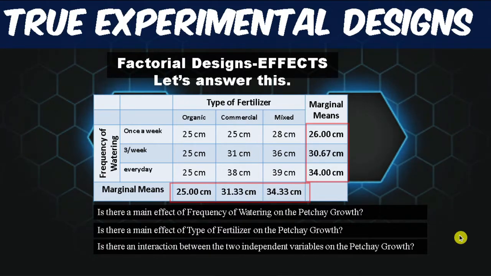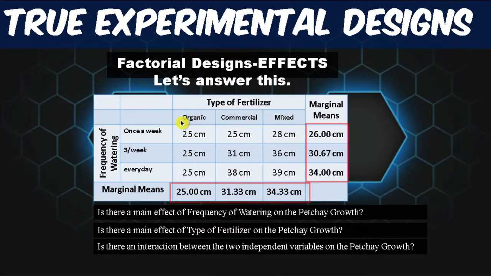Is there an interaction between the two independent variables on the pechay? Let's look at the individual cells. Under organic, the measurements here are the same. Under commercial, it's different. It's highest in this cell. So if you water it every day and you use a commercial fertilizer, it will give you the best yield.